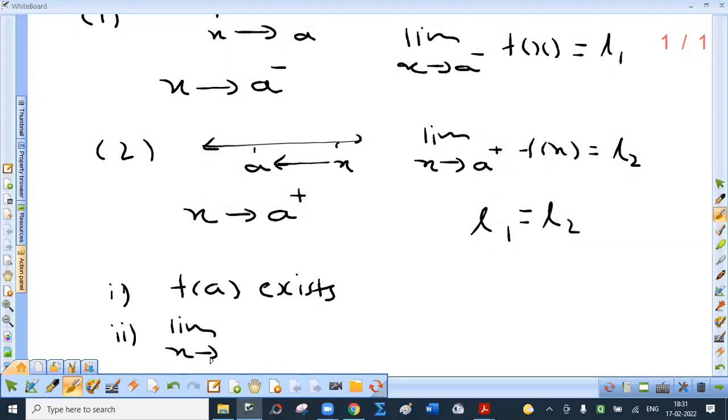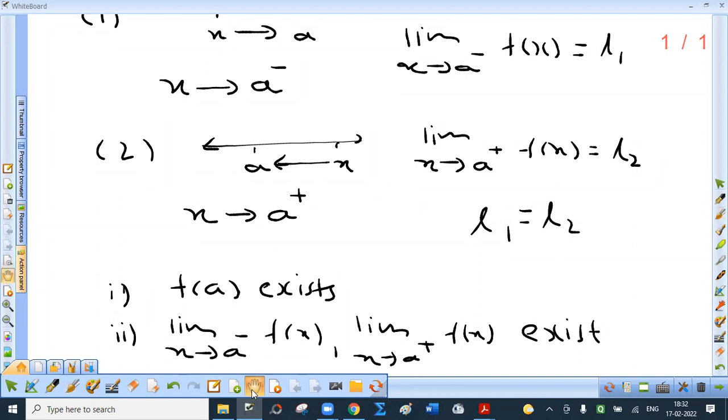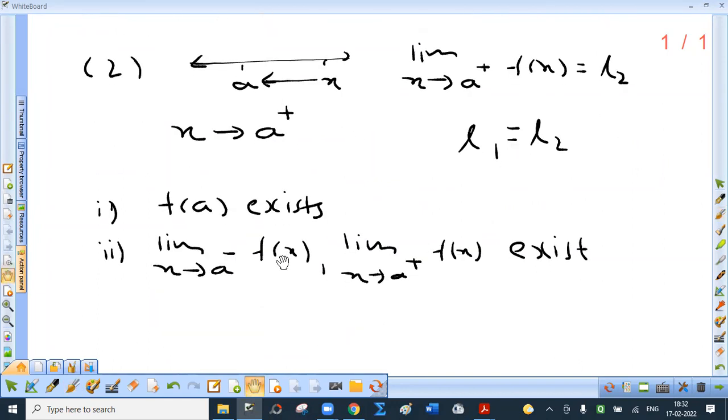Number two, limit x tends to a minus f(x) and limit x tends to a plus f(x), both these limits should exist. And third important criterion, limit x tends to a minus f(x) equal to f(a).